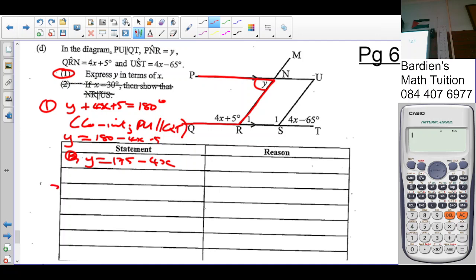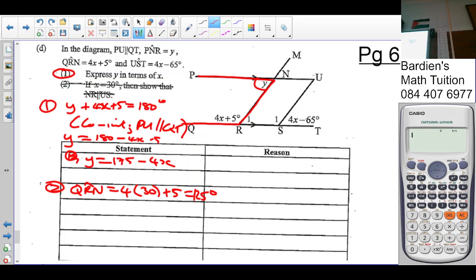Number 2 says, if x is equal to 30. Now if x is equal to 30, then QRN is equal to 4x, which is 4 times 30, plus 5, which is 125.